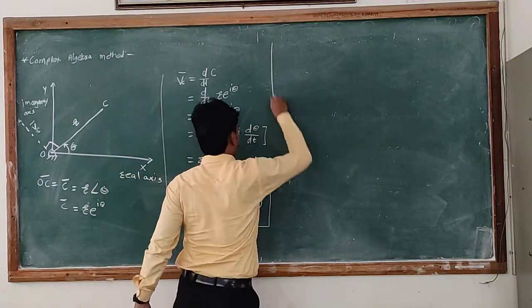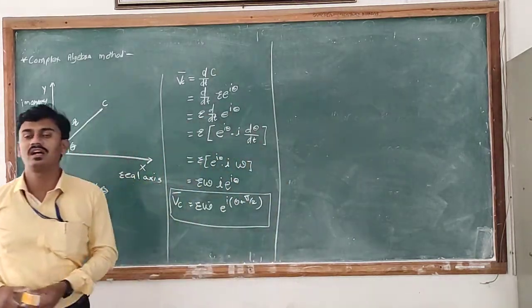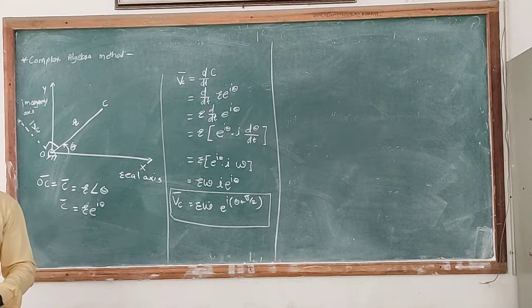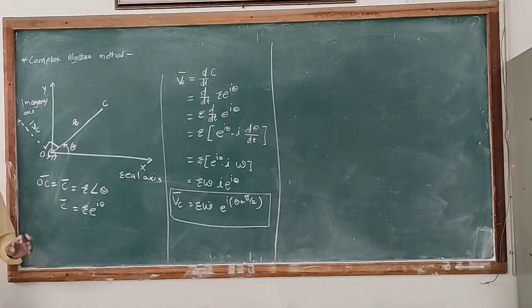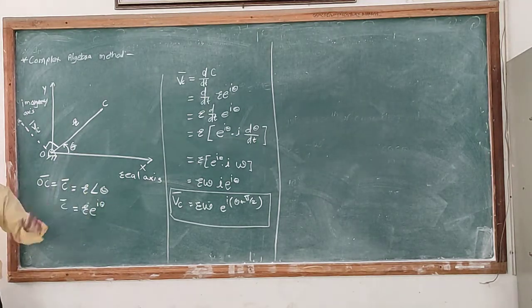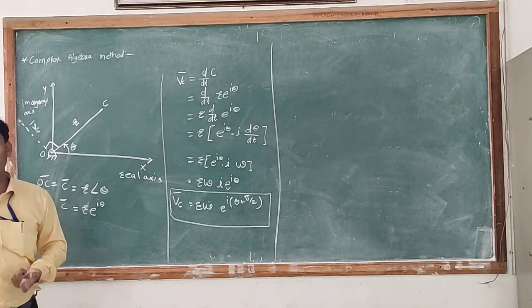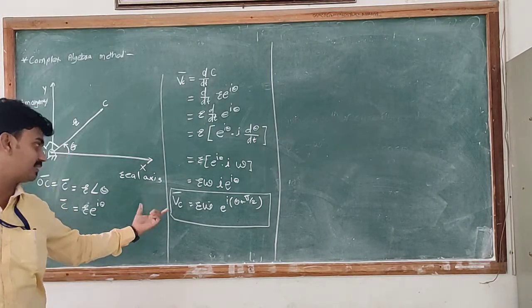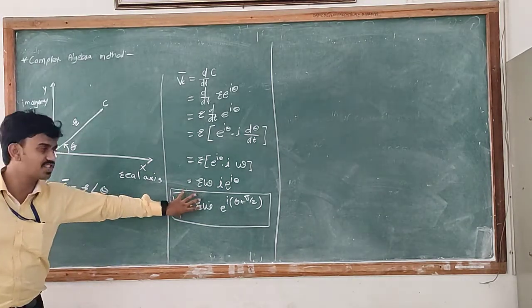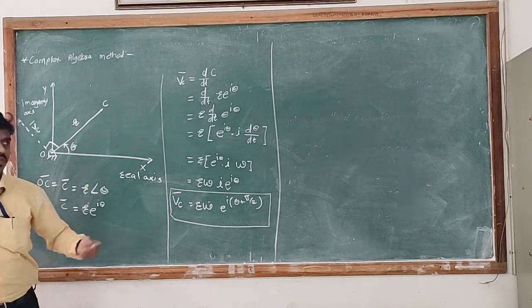Now we want to find the acceleration. We have to find the acceleration of the link. So to find the acceleration, we will differentiate this with respect to time.